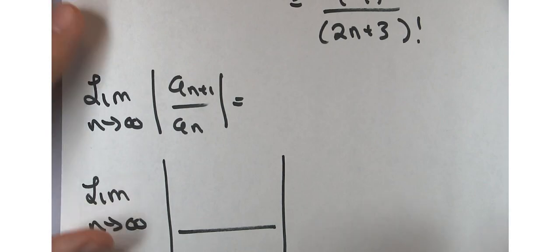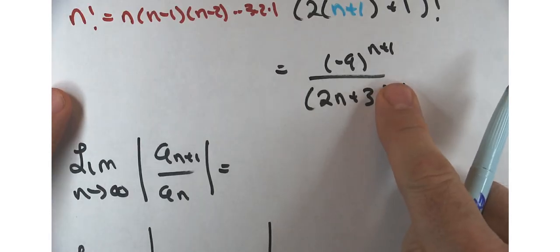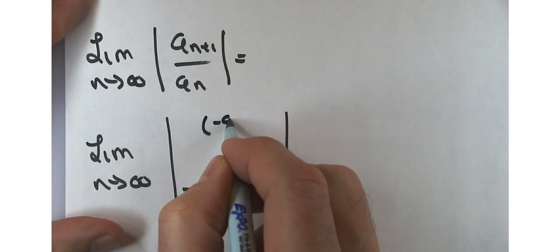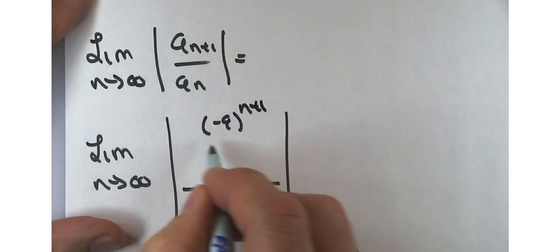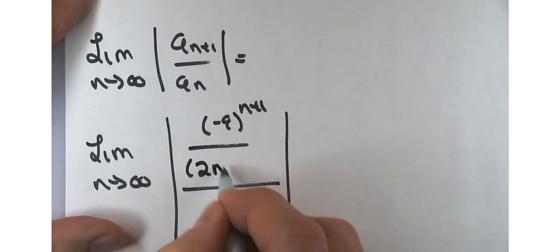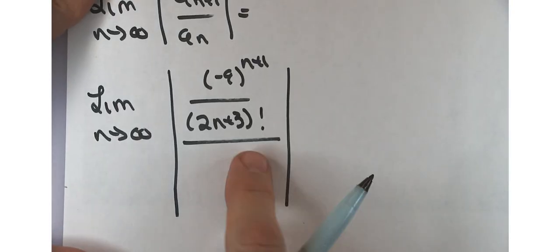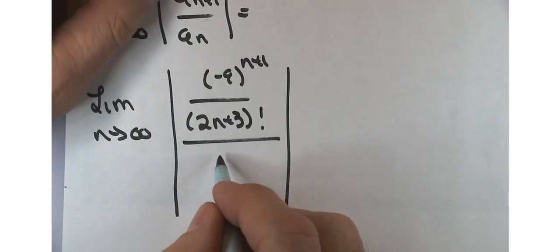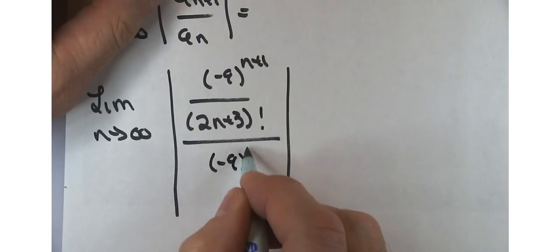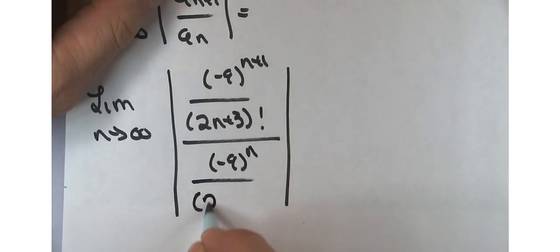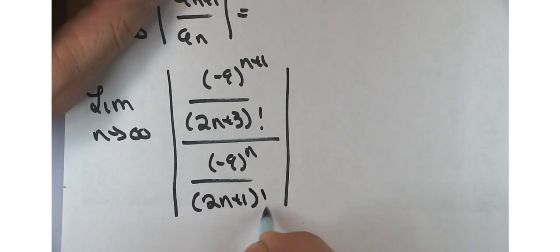A sub n plus 1 is this term up here: negative 9 to the n plus 1 over 2n plus 3 factorial. And then in the denominator it's just negative 9 to the n over 2n plus 1 factorial.